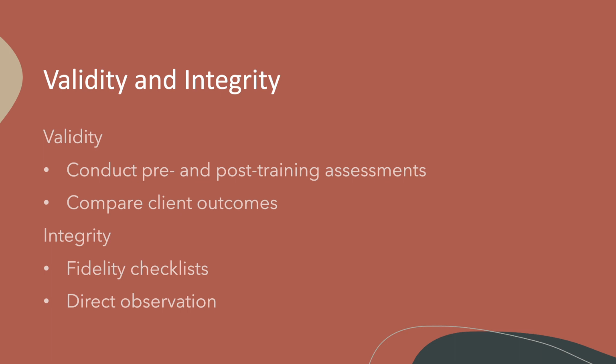Validity and integrity were not measured during the time of the training. However, I will go over how I would measure them moving forward. For validity, I would conduct pre- and post-training assessments. Additionally, I would compare client outcomes to ensure the training effectively improves staff performance and quality of service.